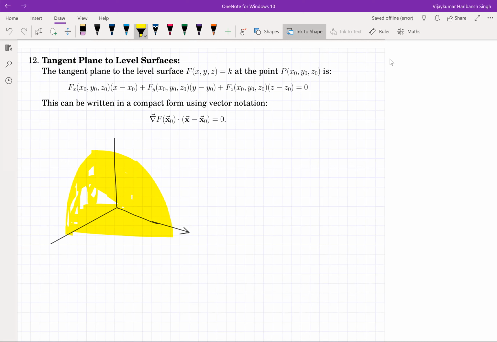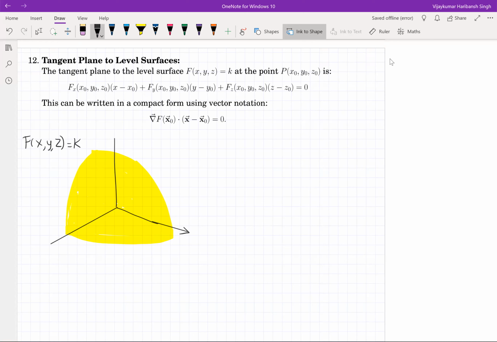All right, so now we'll choose a point at which we'll try to draw a tangent plane. Okay, so this is my surface S. So I have z equals f of x, y. Actually, that is not correct. It is given by rather f of x, y, z equals k, because it's a level surface, right?